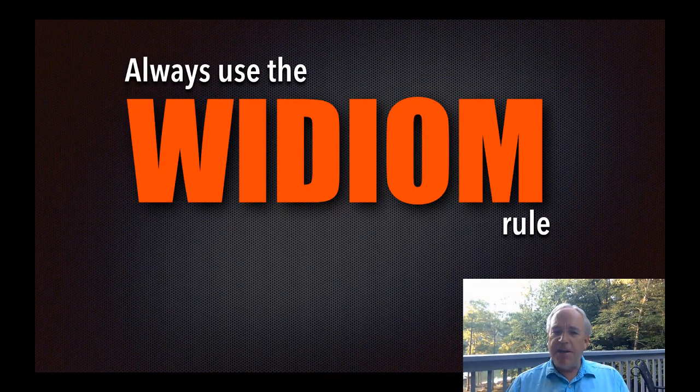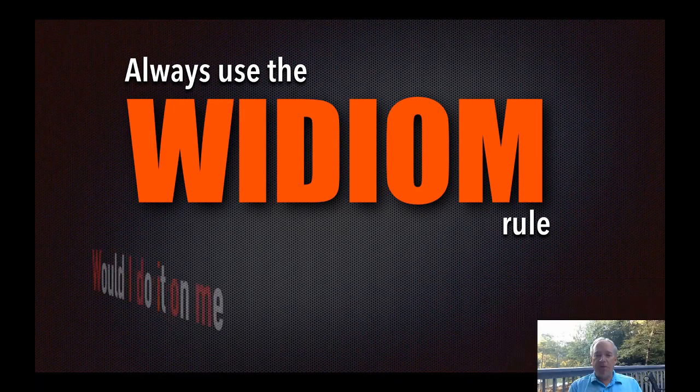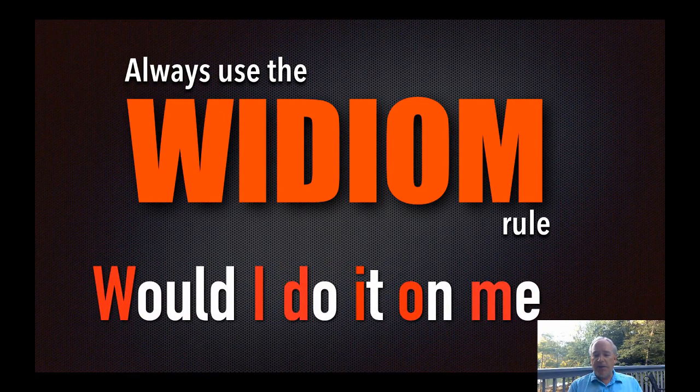The other thing that I want you to think about is there's a rule that Dr. Dawson has taught me called the Whittiam rule, which basically means would I do it on me? And when you're doing this type of dentistry, some camps will advocate sort of full mouth reconstruction on everybody with a bite problem.